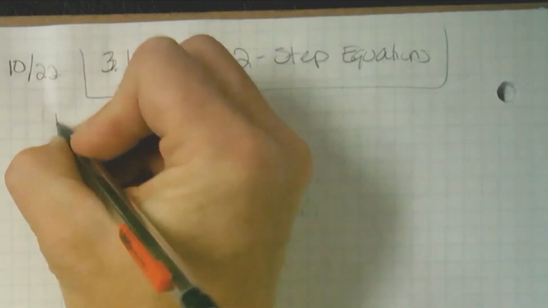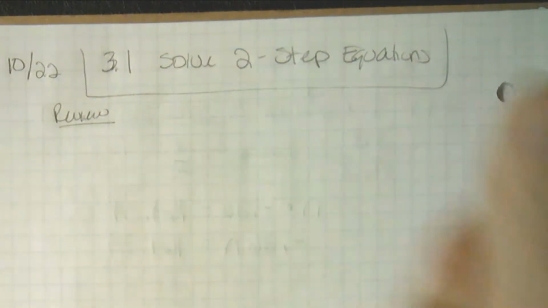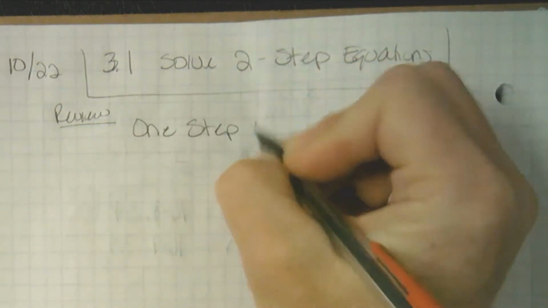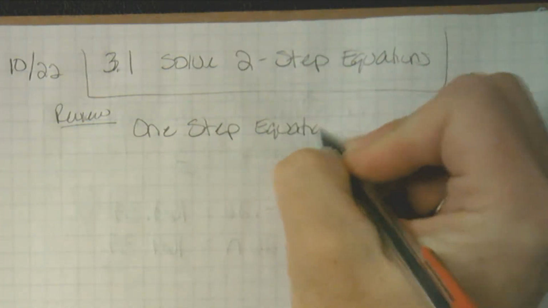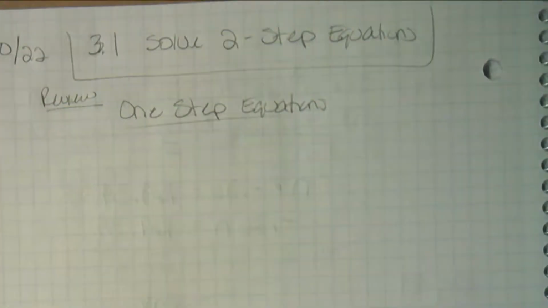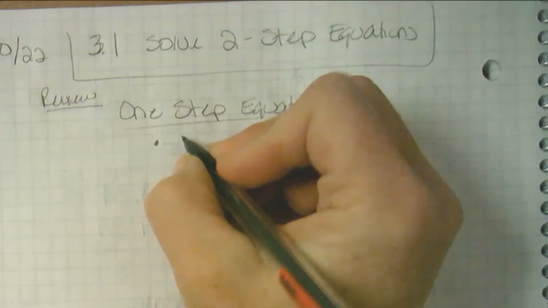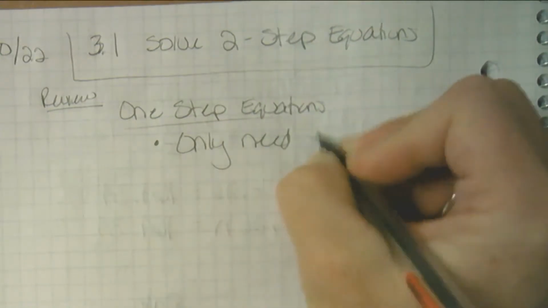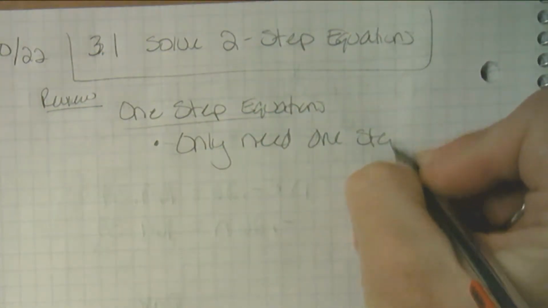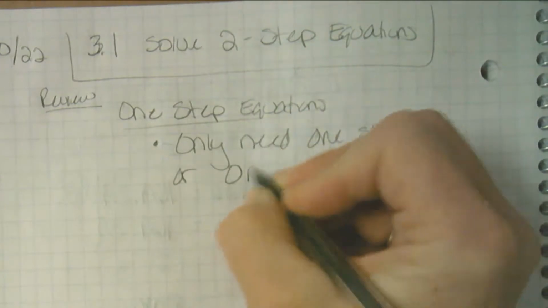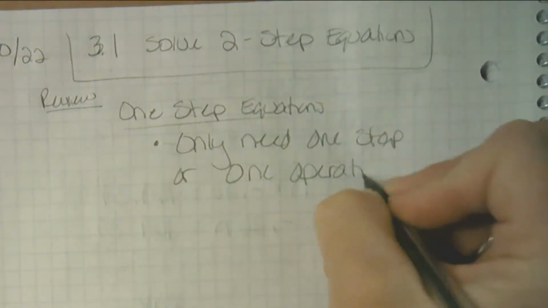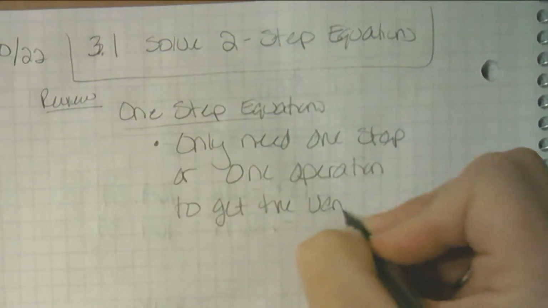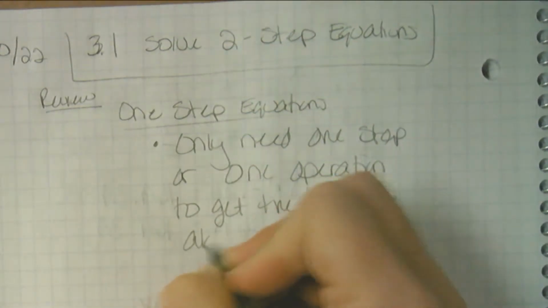Okay, so let's review where we've been. When we have one-step equations, what that means is that we only need one step or one operation to get the variable alone.